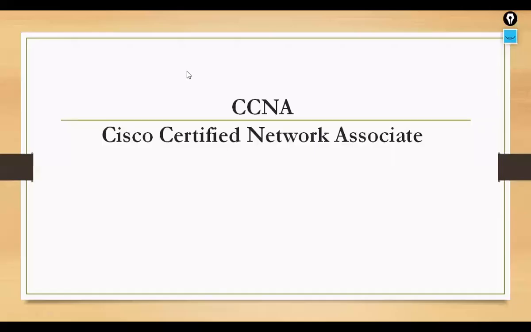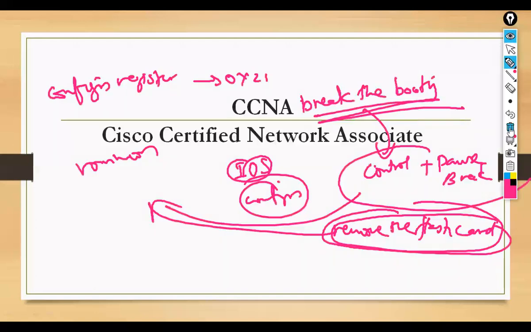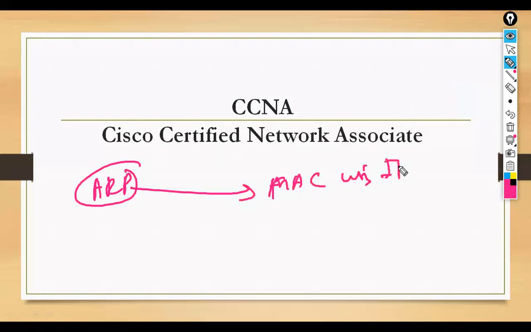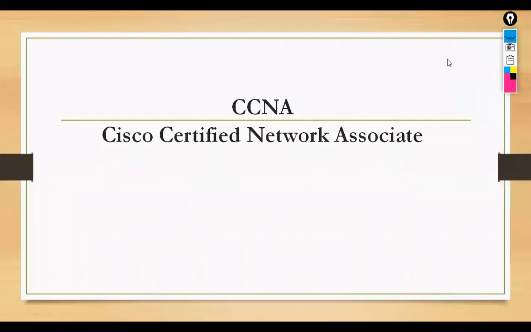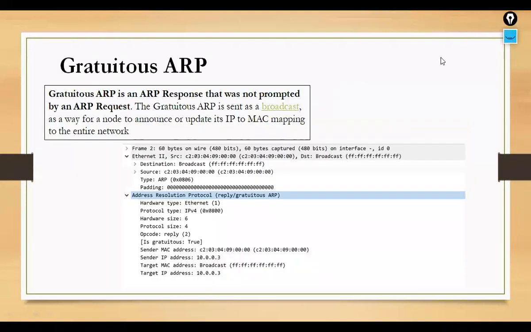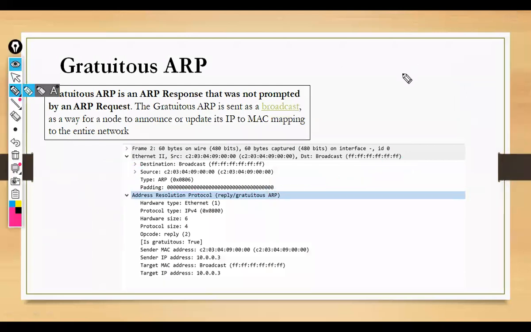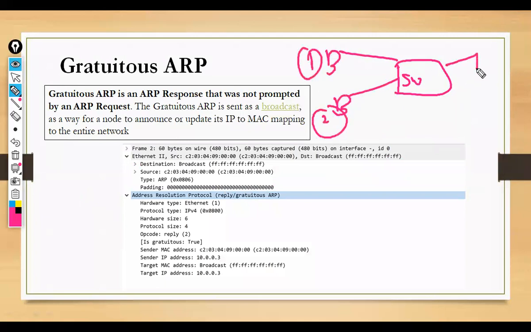So you know about ARP, Address Resolution Protocol, right? Why is ARP used? ARP is used to find out the MAC address, the layer 2 address, using the IP address. Now suppose you have a switch and these machines: machine 1, machine 2, machine 3, and machine 4.